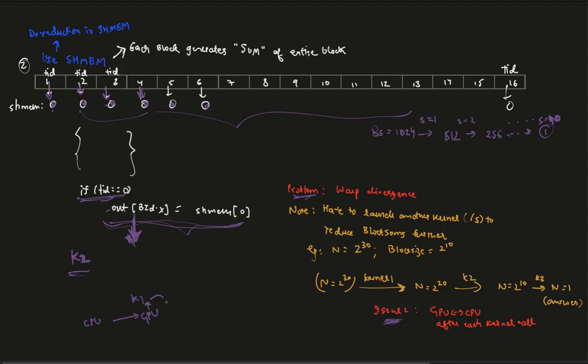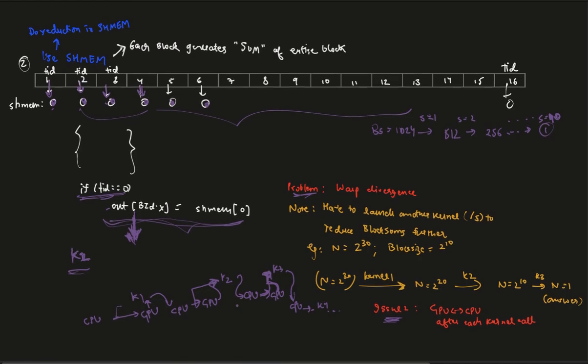Kernel 1 does some computation, and then we transfer the data back to CPU. Then when we call kernel 2, there's a CPU to GPU memory transfer. Kernel 2 does some computation and stores in CPU, and then so on. Kernel 3 reads data, so there's a CPU to GPU memory transfer. Kernel 3 does some computation on GPU, stores data back to CPU, and then we have kernel 4, and so on. So for each kernel, we have a CPU to GPU and GPU to CPU memory transfer, which is kind of expensive.